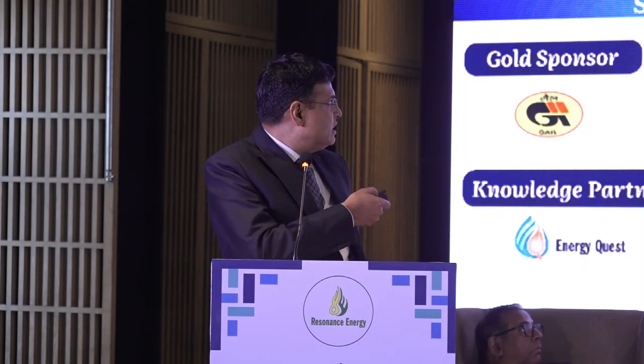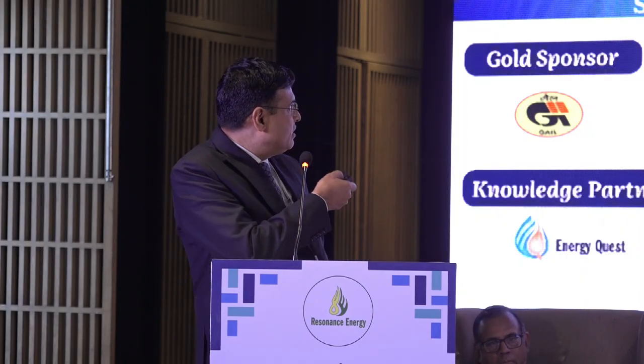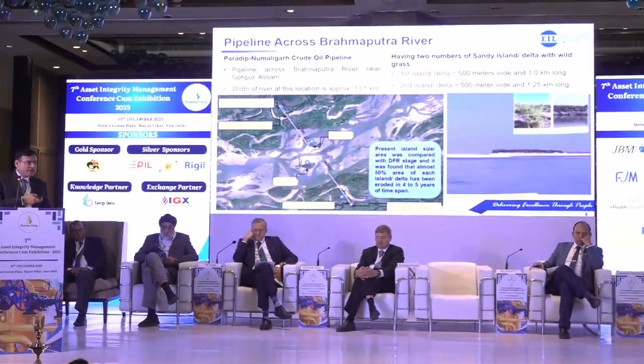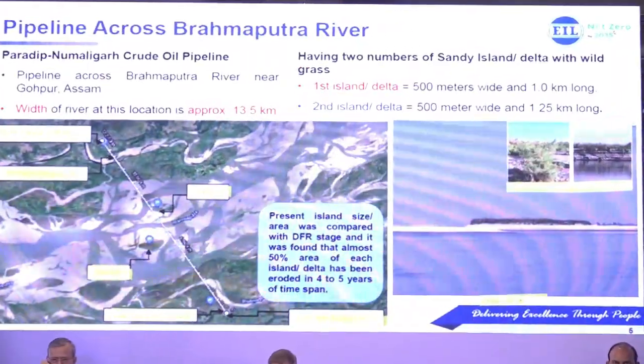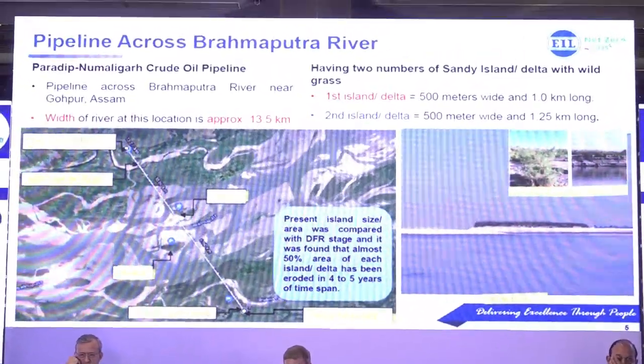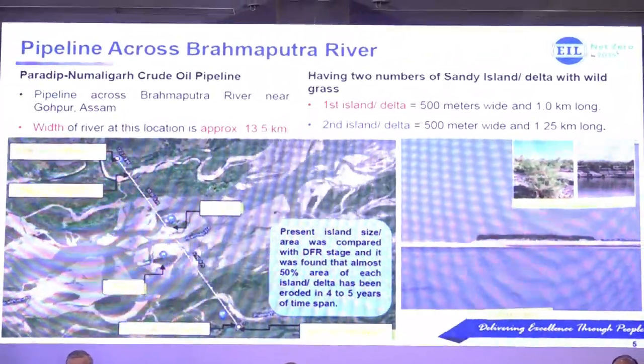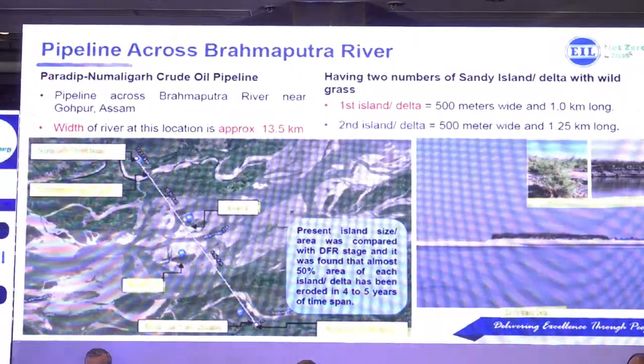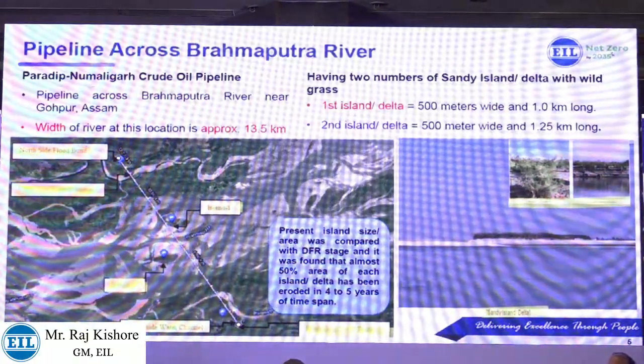This is the route of the total pipeline, and I am showing this area only. This is the direct crossing from Gohapur to Numaligarh, almost 13 kilometers wide. We studied the islands; the islands that were big during the DFR stage became half of that after 4 years, because these are sandy islands.